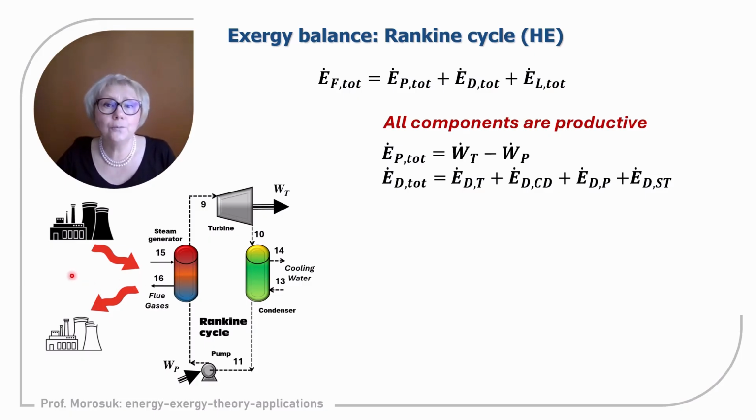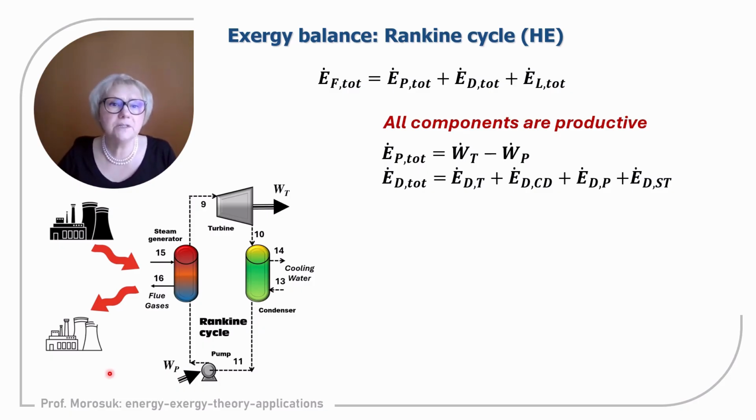Let us assume that heat, stream 15, is generated somewhere. So before our energy conversion system, somewhere there is another energy conversion system with some processes, and we will take stream 15 from this energy conversion system. We will use this stream from state 15 to state 16, and after that another energy conversion system will continue to use this stream.